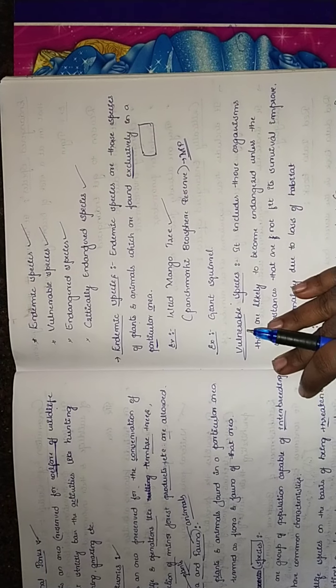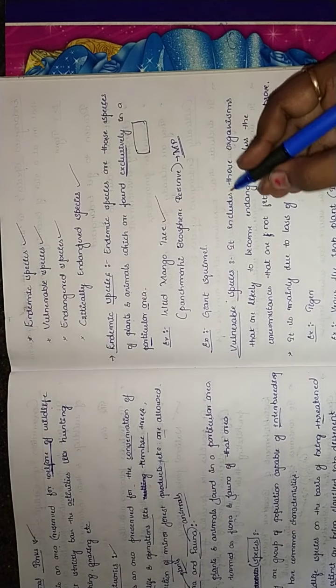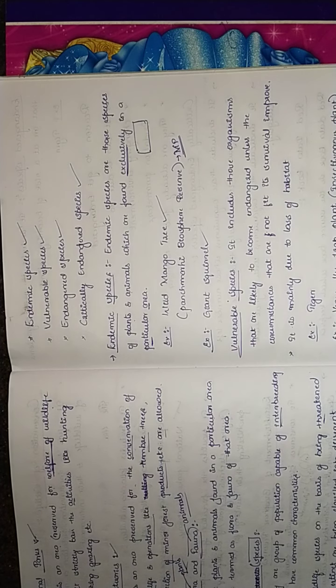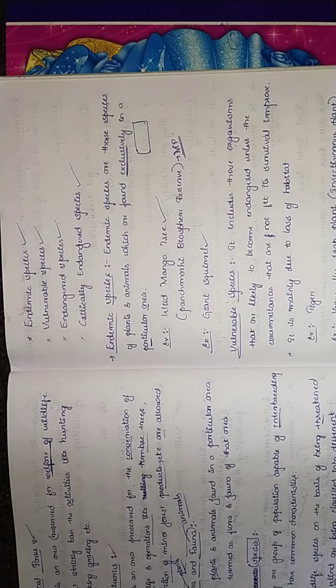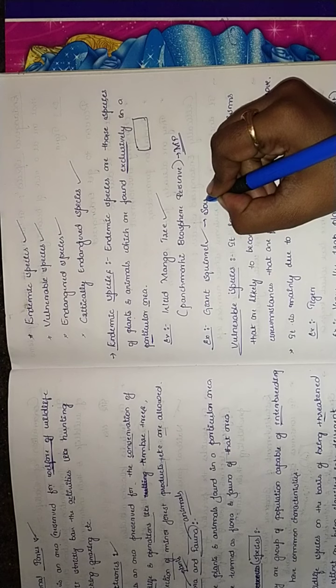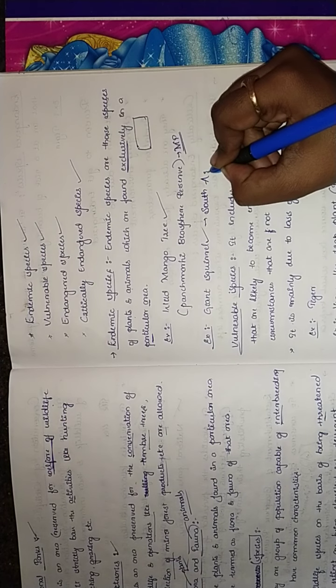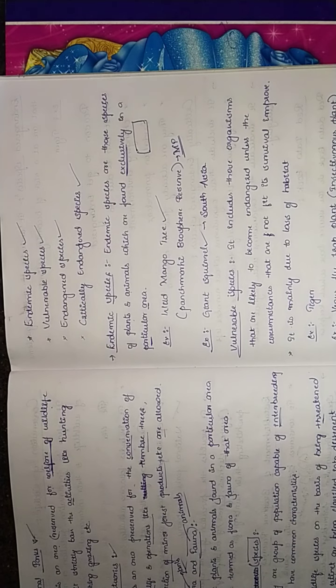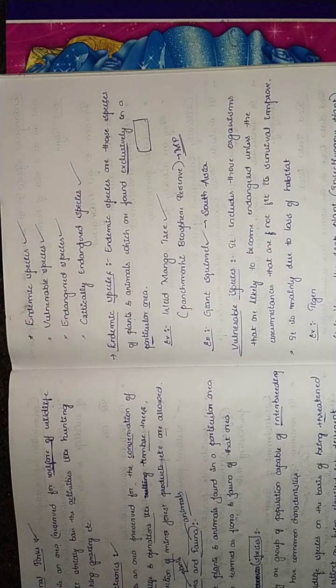And the next example we have is the Giant squirrel. Even these squirrels are found only in a particular area, that is South Asia, the region we live in. There we see the giant squirrels.